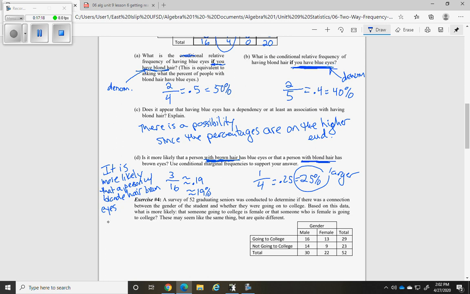Rather than, I'm not going to write this whole thing, but rather than a person with brown hair having blue eyes.